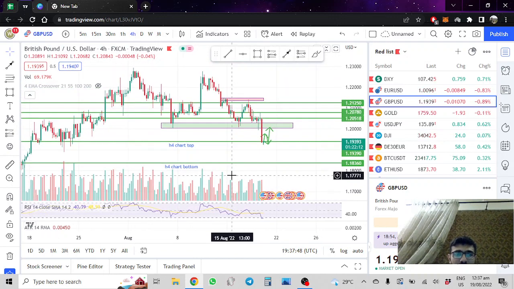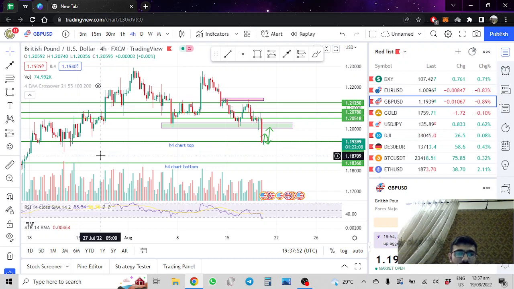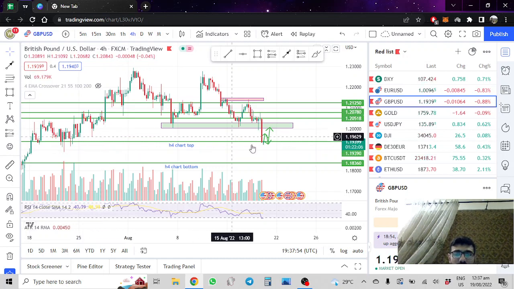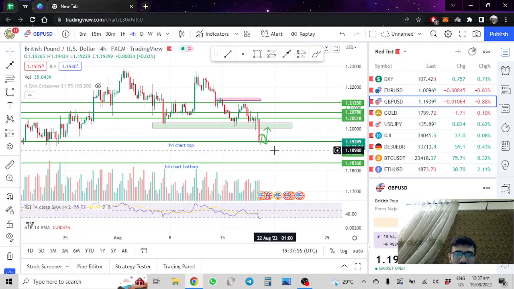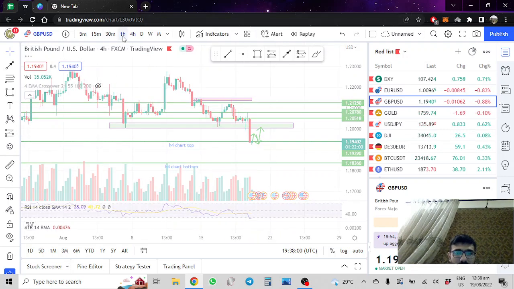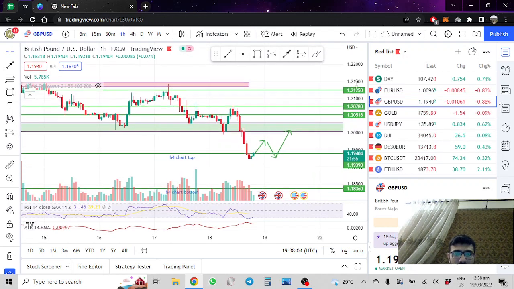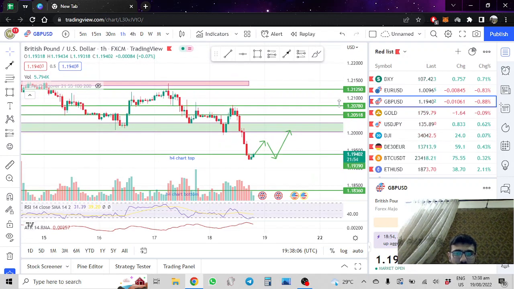Currently this area is being tested. So what I can see is that another short trade scenario that I am looking for would be to go short if the market goes still here and makes a selling candle.